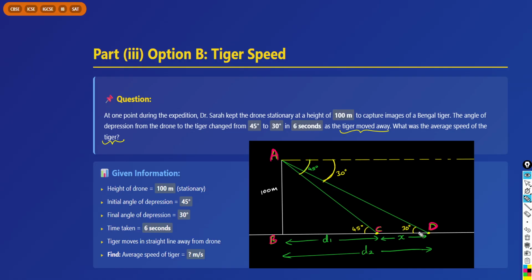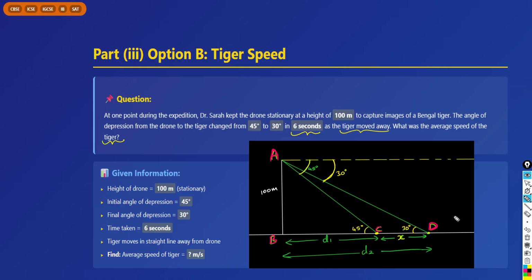I need to calculate the distance, that is x, and from the figure drawn, it would be d2 minus d1, that would be x. And I know the time it took to move from C to D, that is 6 seconds. I can simply do distance by time to get the speed of the tiger.